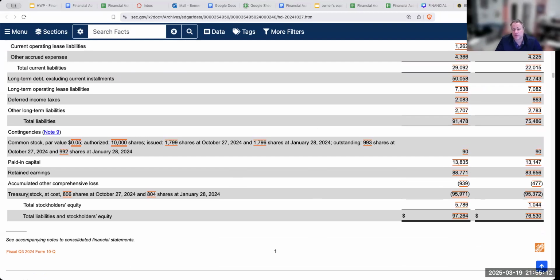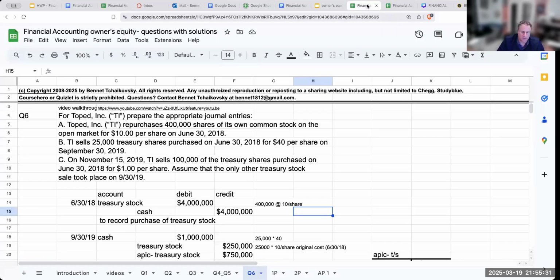I'm debiting treasury stock and crediting cash when I'm repurchasing my own shares. There's a variety of reasons why companies do it. These are the different concepts we're going to be exploring in this chapter, and I will give additional information on how I test this.